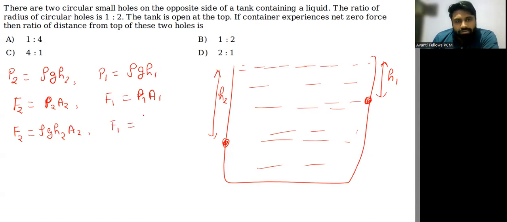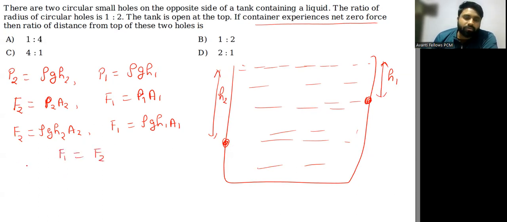F1 is P1 A1, put the value of P1, rho g h1 A1. Now it is given in the question that container experiences net zero force, which means F1 is equal to F2. So rho g h2 A2 is equal to rho g h1 A1.